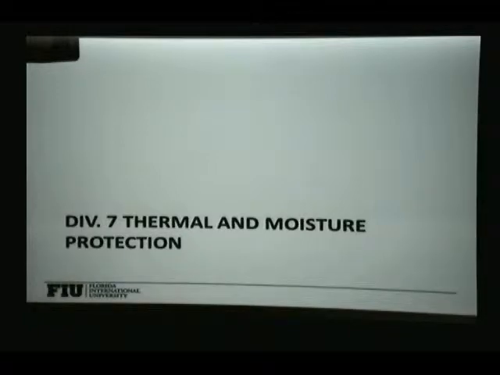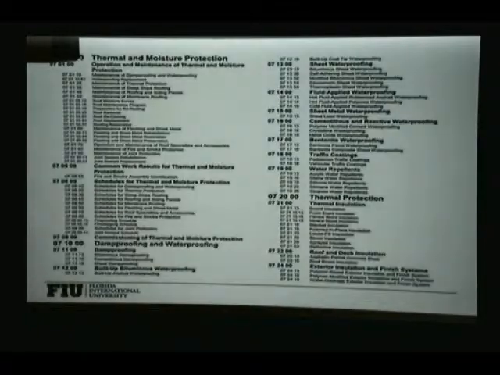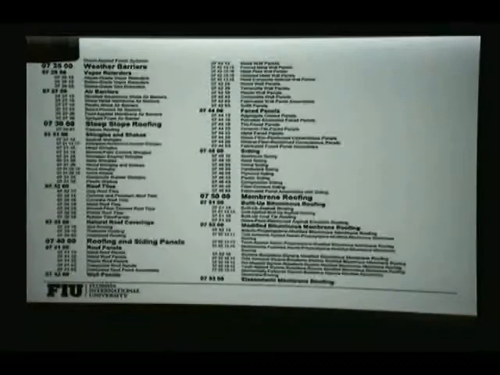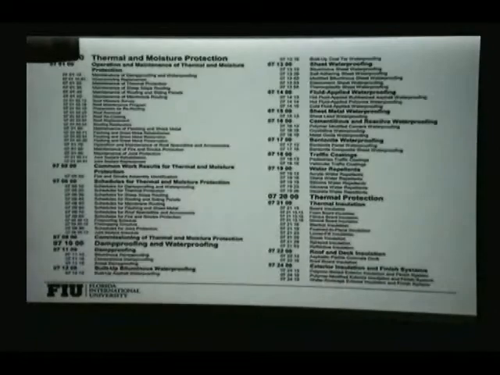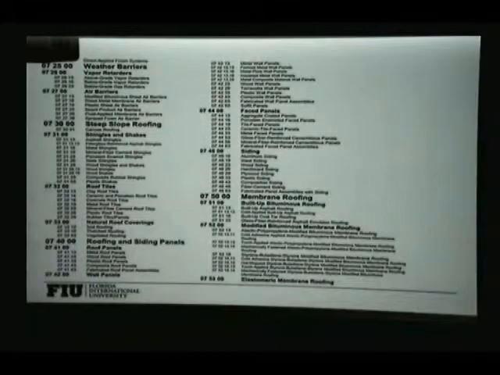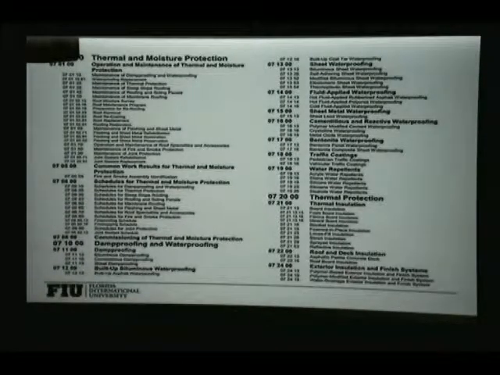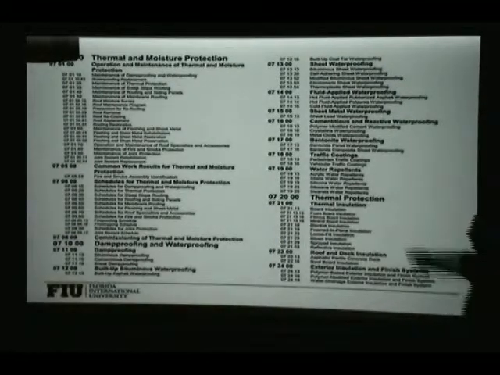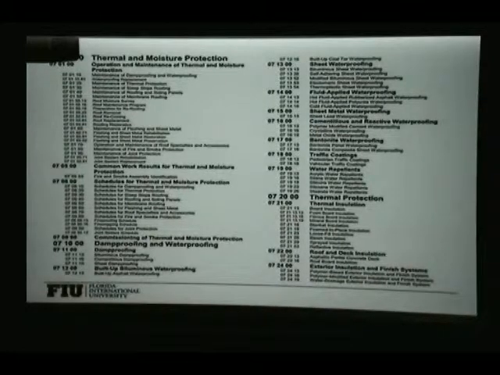Then we have thermal and moisture protection. This prevents water and heat from going inside the structure. Again, there is a large number of items that can be included in this area. We will have thermal protection and insulation on the walls and on the roof. We'll have thermal protection along with the water protection for the foundations.